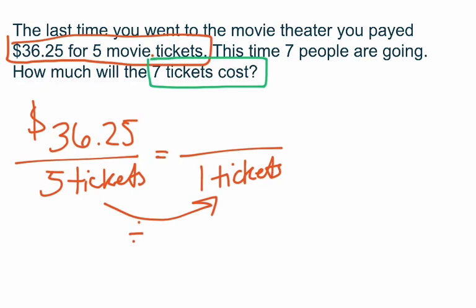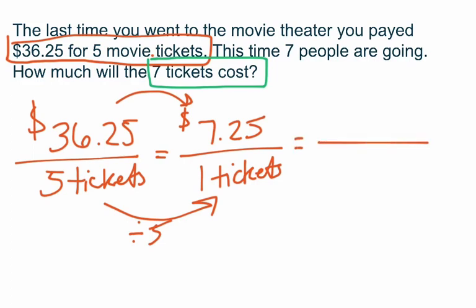So to do this, I'm going to take the cost for 5 tickets, and I'm going to divide it by 5 to find the cost for 1 ticket. So, using my calculator, I would do $36.25 divided by 5, and that equals $7.25. So we know that one movie ticket costs $7.25.